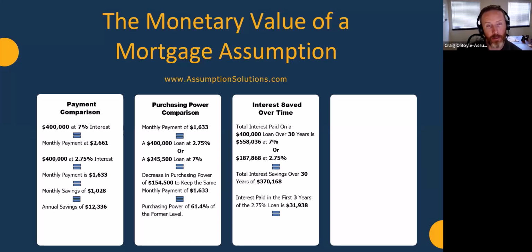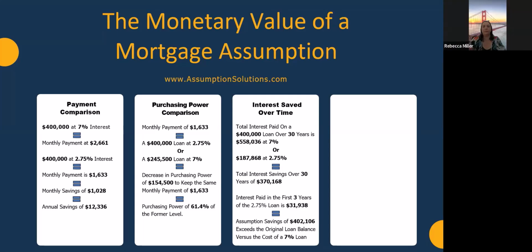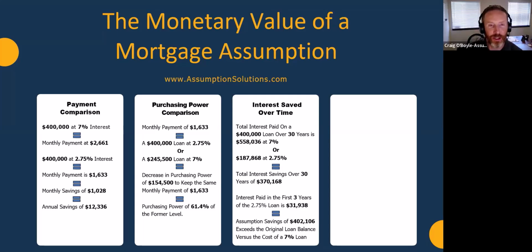They have to pay the remaining amount of interest. But compared to if they got a 7% loan and kept it for 30 years, the amount of savings they will realize is over $400,000, $402,106. I love this number because the amount of money you save exceeds the original loan amount with the difference in interest rate. It blows my mind.